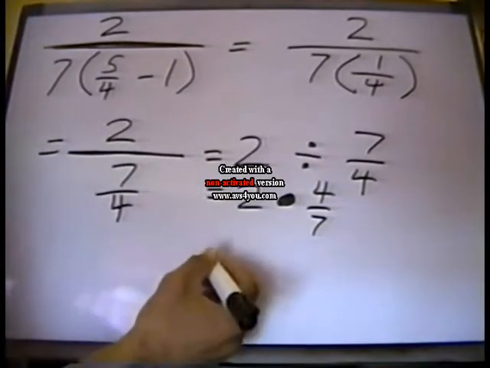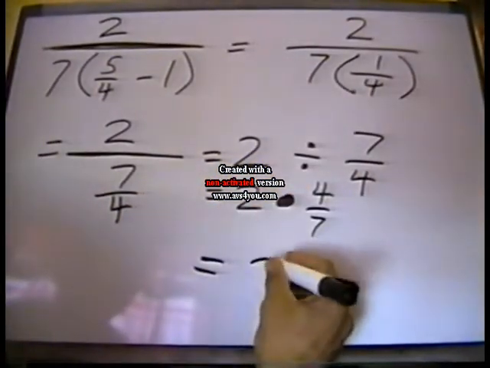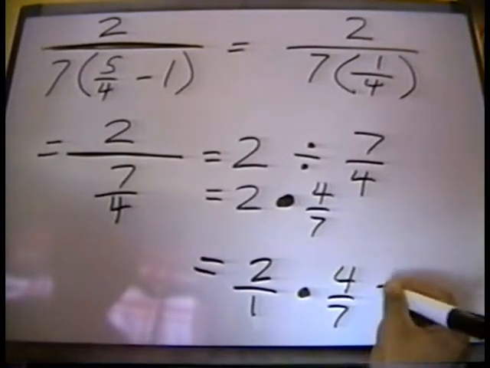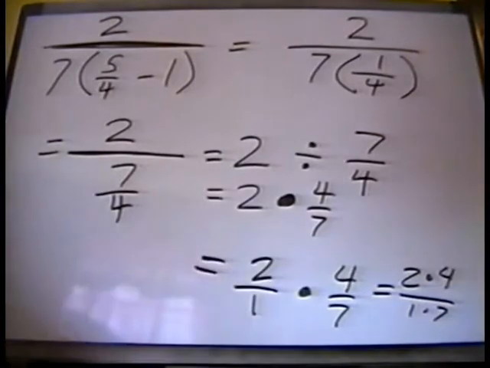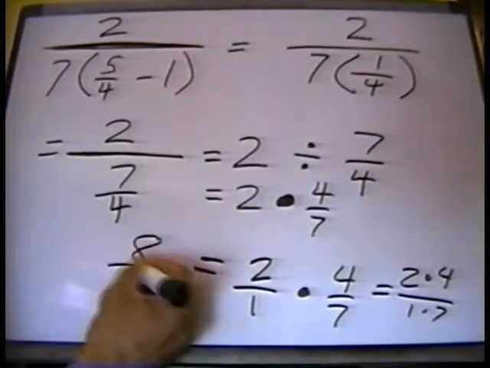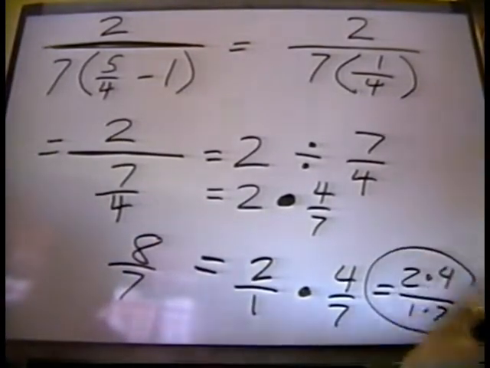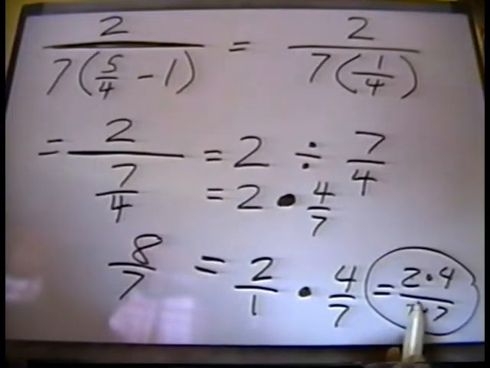Okay? Now here, I just showed you with the 7/4, we get that's 2 over 1 times 4/7. That equals 2 times 4 over 1 times 7, or 8/7. But my point is to show you that here, look at this part. The 4 ends up next to the 2, and the 7 ends up under the 2.